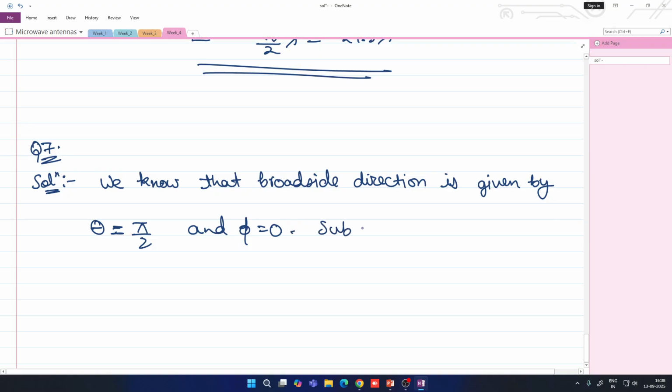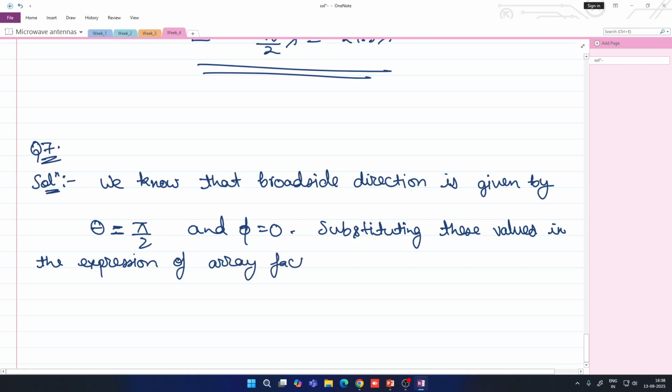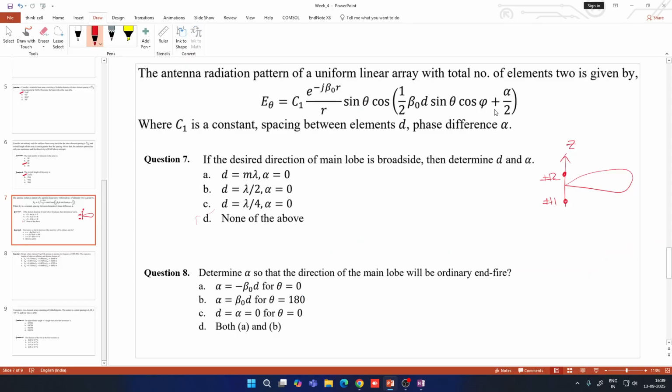Substituting these values in the expression of array factor, we get cos 1 by 2 beta naught d plus alpha by 2. So what I have done here, this is the expression for the array factor, right?